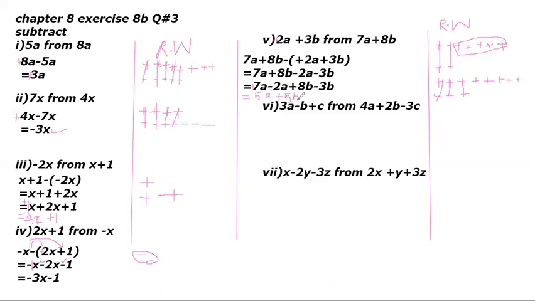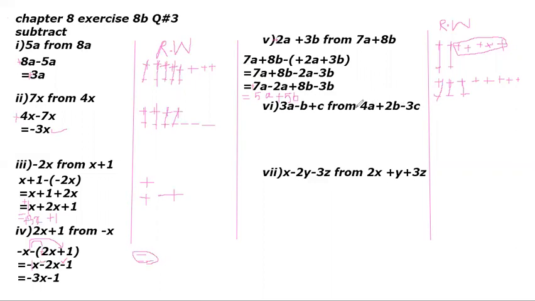These operators, these signs are very important. If the sign is right, your solution is right. Now the sixth question, again a few things to keep in mind. Both are algebraic expressions, so we need to introduce parentheses. First we will write 4a plus 2b minus 3c.